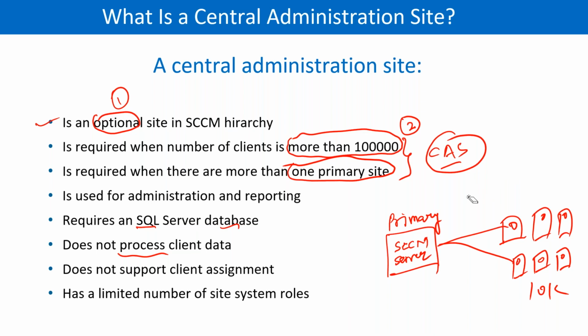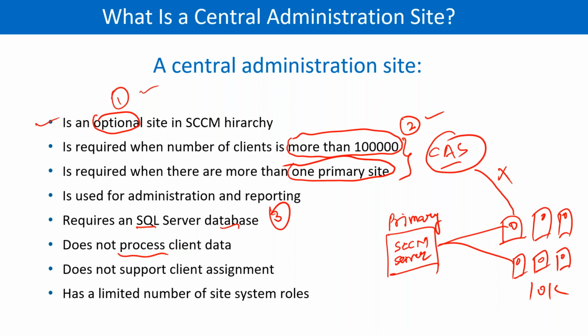So you need to understand point number 1, optional. Point number 2, you have more than 100,000 devices and more than one primary site. Point number 3, it needs a SQL Server database, and it has nothing to do with client assignment. That is what the central administration site is all about.